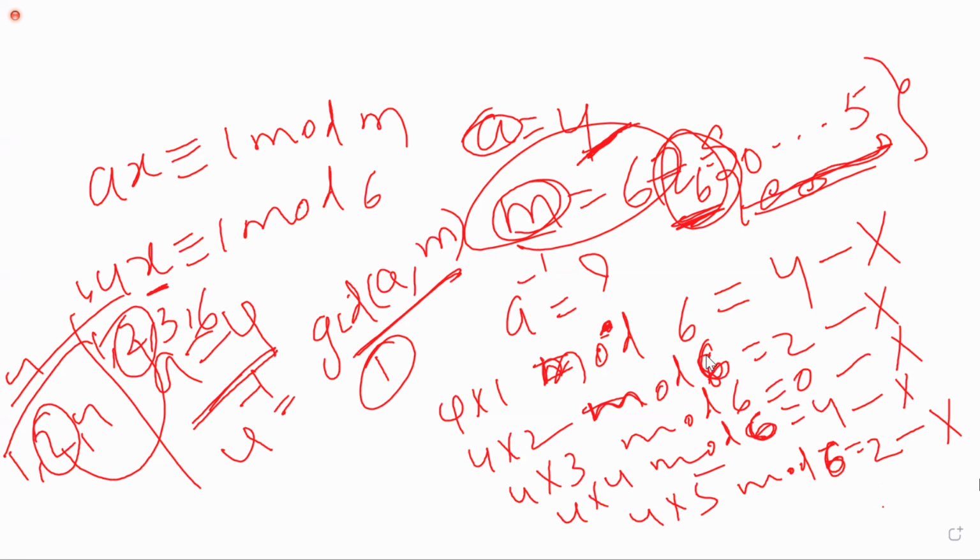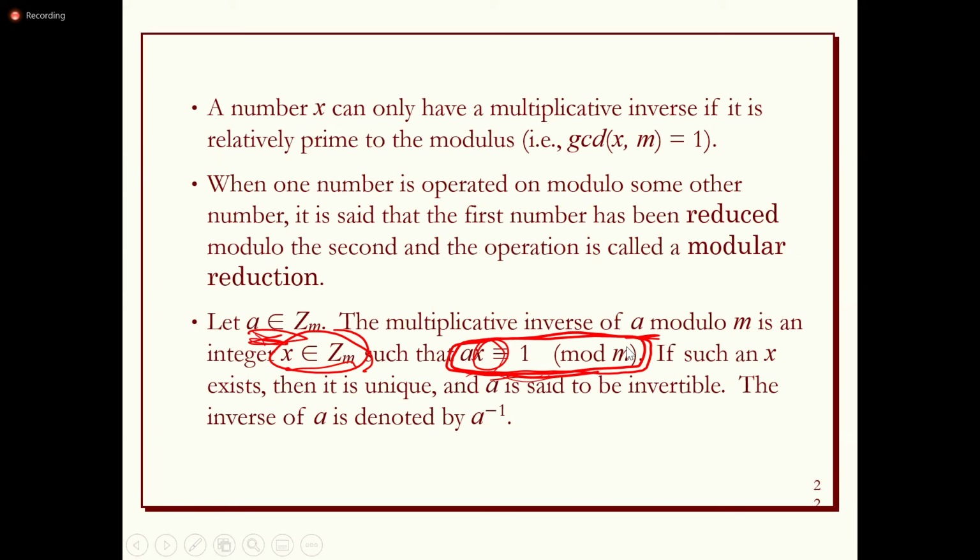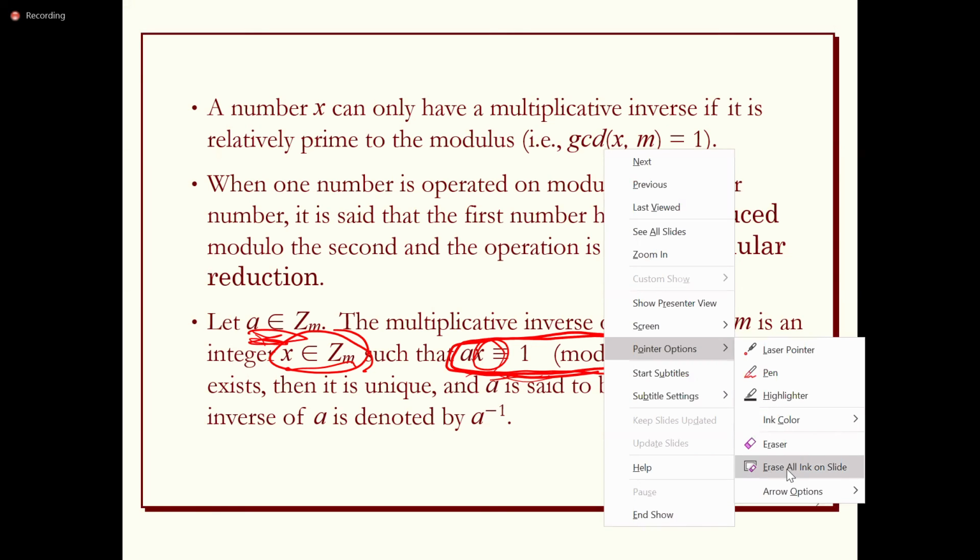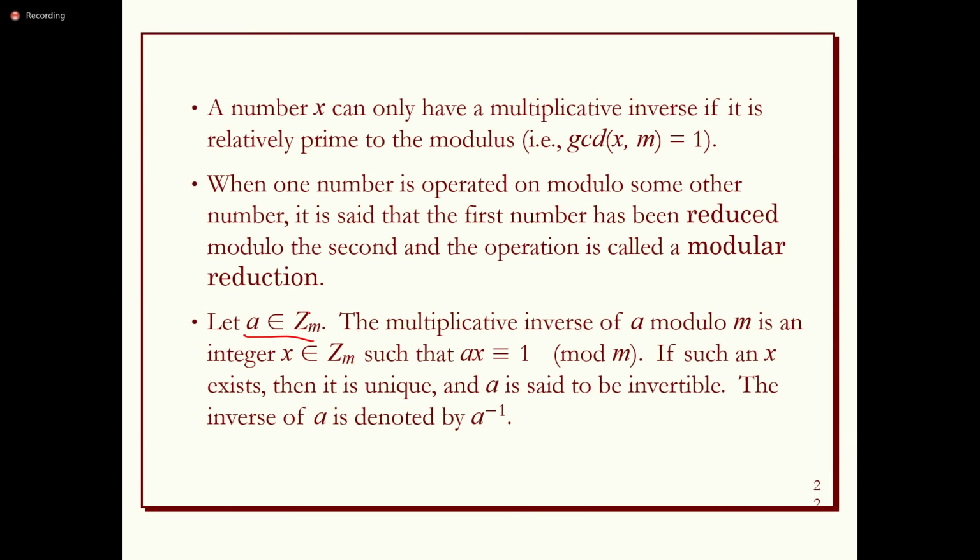So this is the definition. A is a number that belongs to Zm, modulo m. The multiplicative inverse of A is x, and that x also belongs to Zm. We get that x value whenever this condition is satisfied: Ax is congruent to 1 mod m.